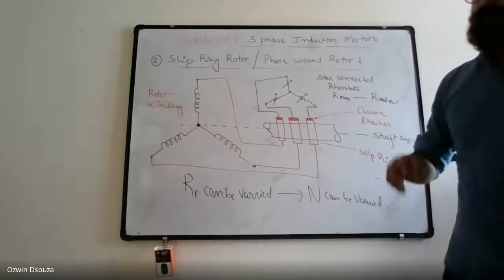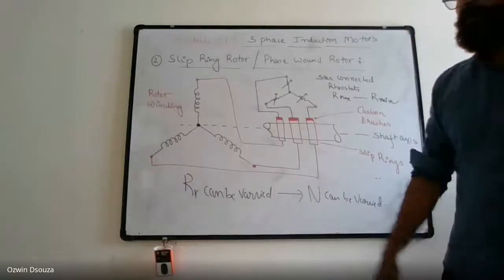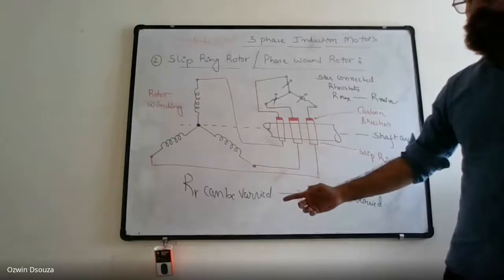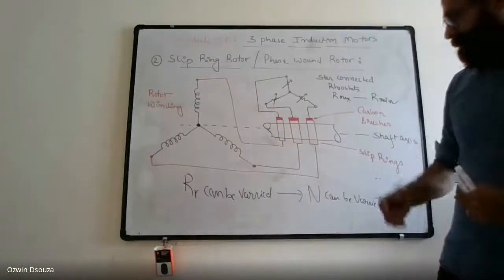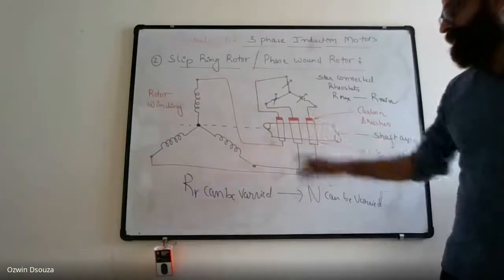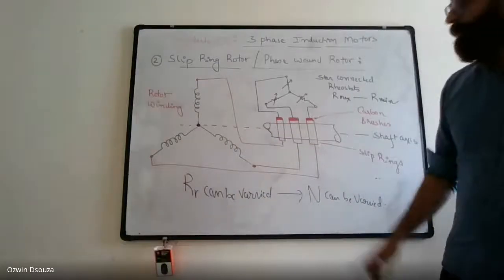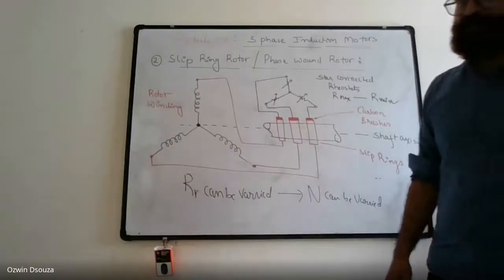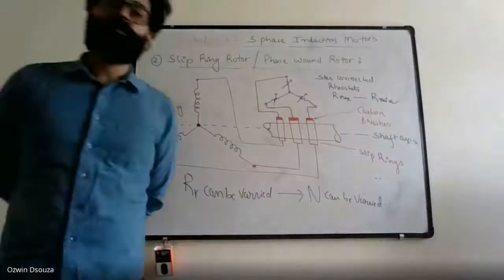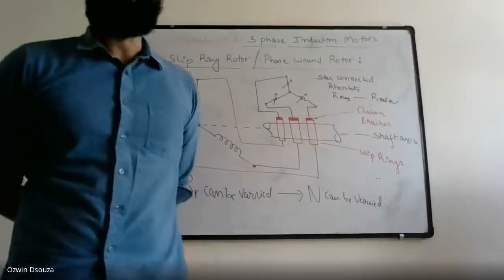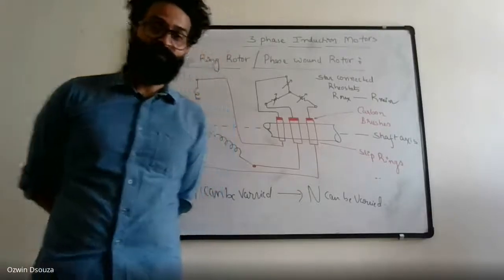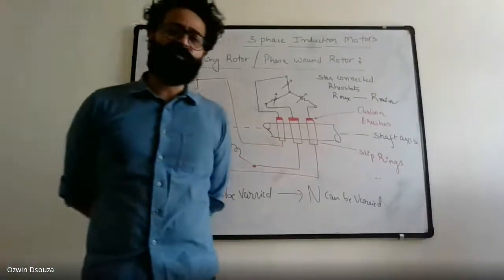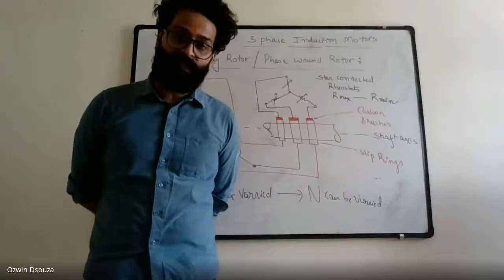And the third difference is that squirrel cage induction motor doesn't have any frictional elements such as brush and slip ring assembly. So that's the reason squirrel cage induction motors are also called maintenance-free motors. In the sense, very low maintenance is required for squirrel cage induction motors.